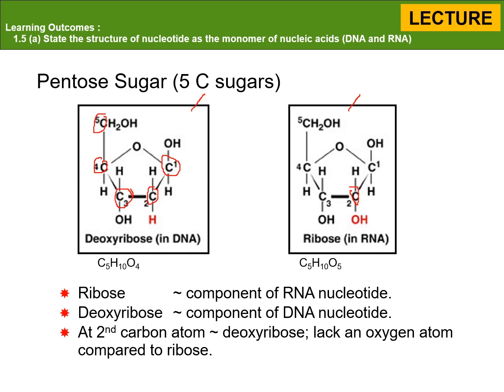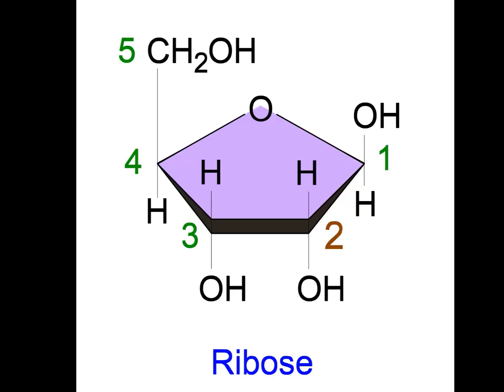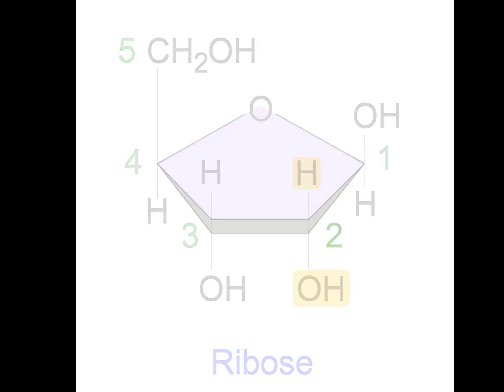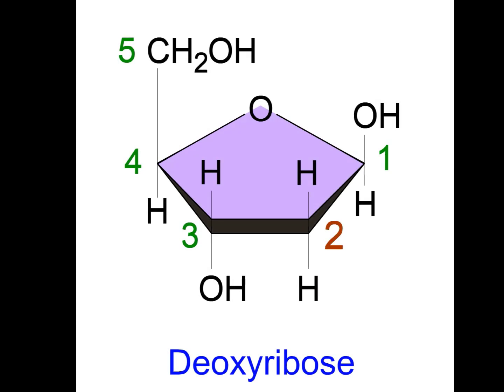In ribose, carbon number 2 has an oxygen atom, whereas in deoxyribose sugar, carbon number 2 has no oxygen atom. In ribose, the second carbon atom is linked to a hydroxyl, OH group, and a hydrogen atom, H. But in deoxyribose, which has one oxygen atom fewer, the second carbon atom is linked to two hydrogen atoms, H.